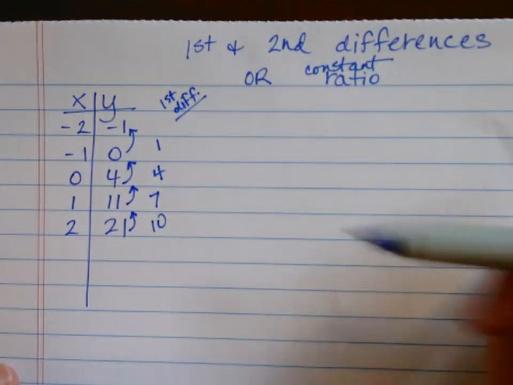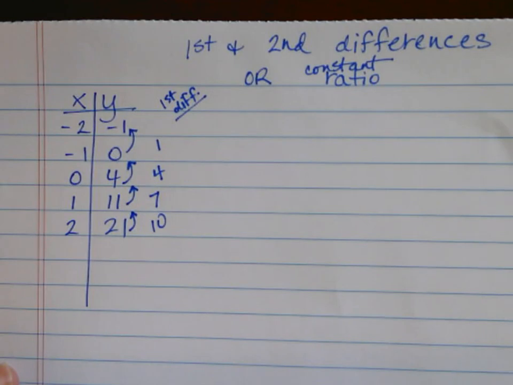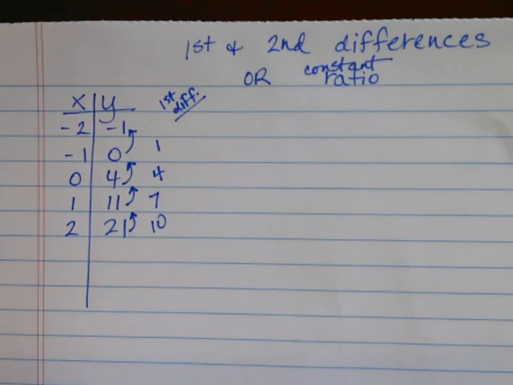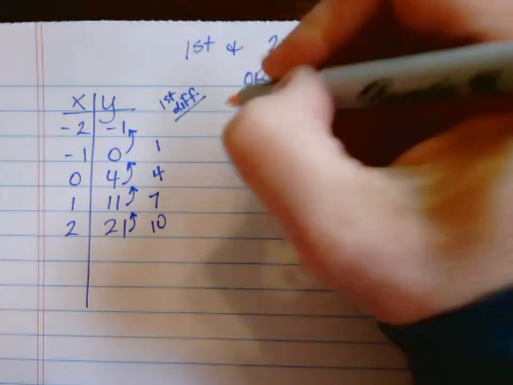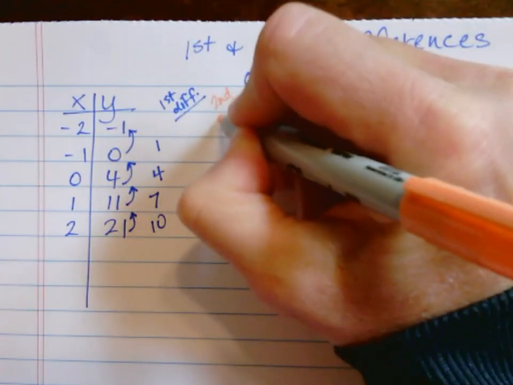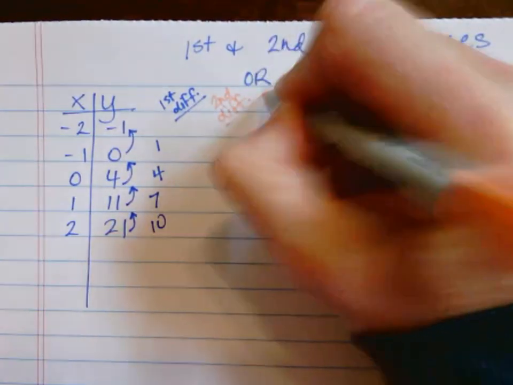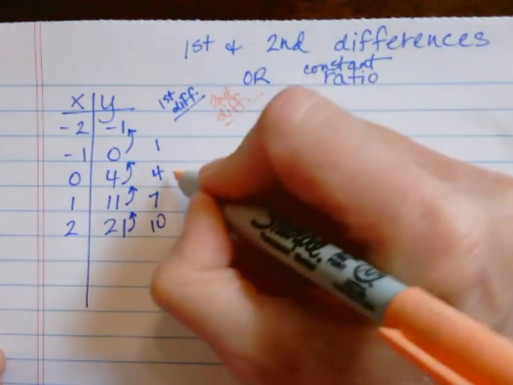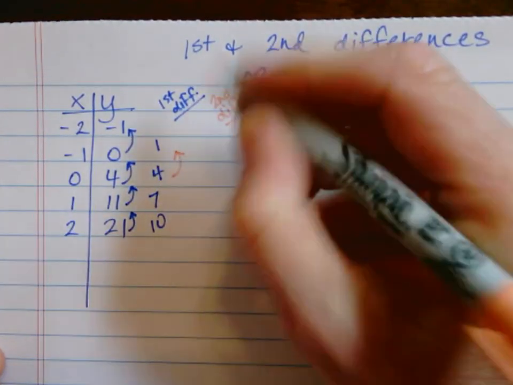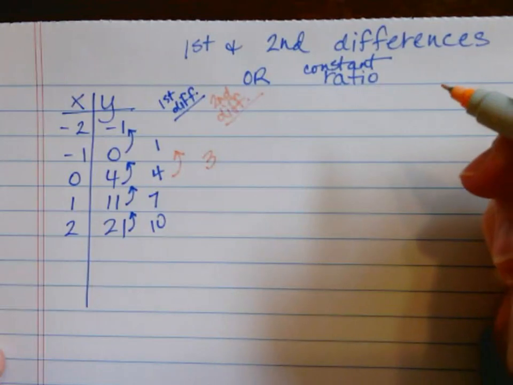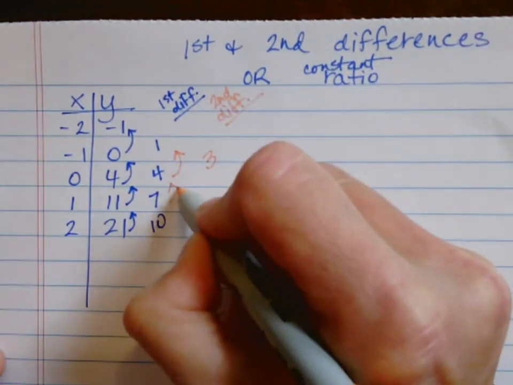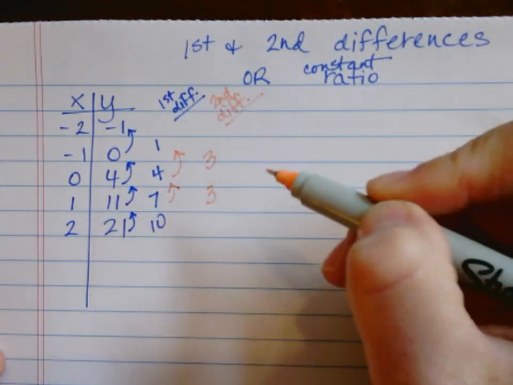So now we can look at the second differences, which is the difference between the first differences. What's the difference between 4 and 1? What's 4 minus 1? 3. What's 7 minus 4? 3.